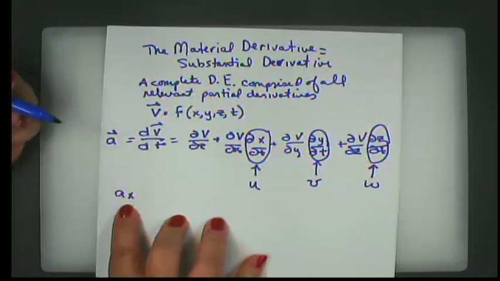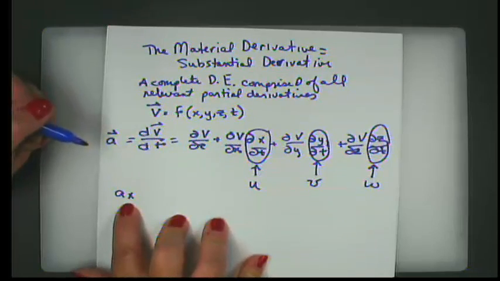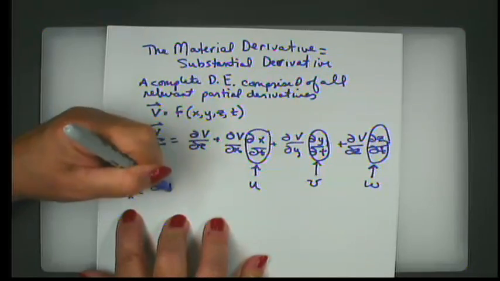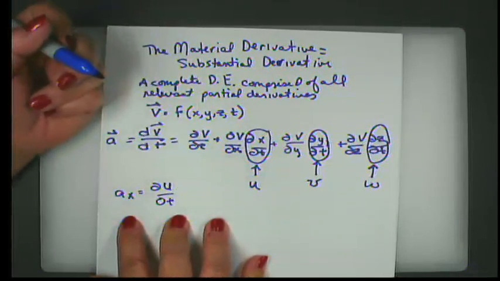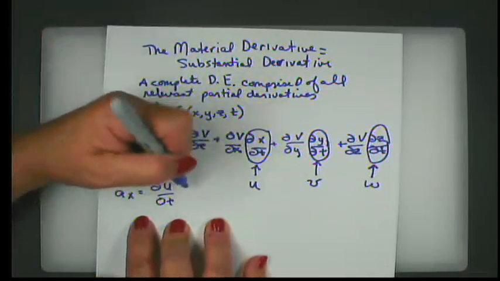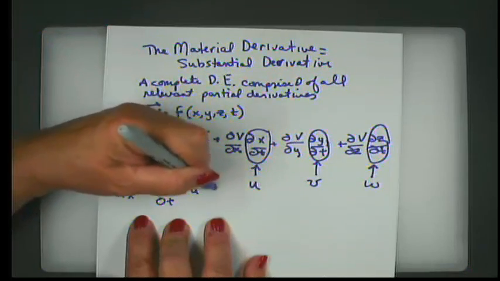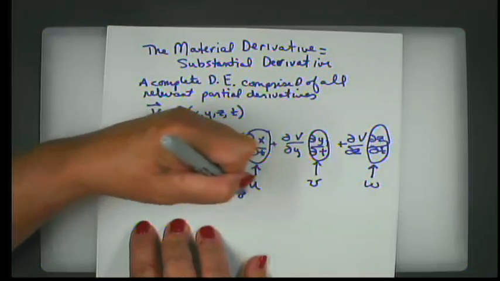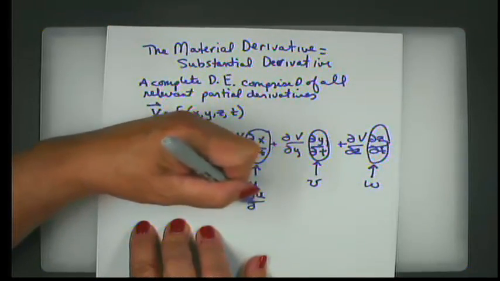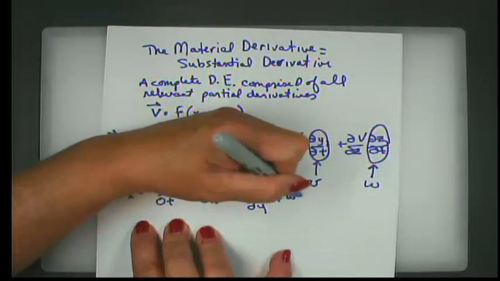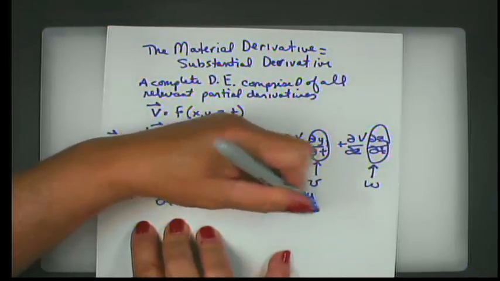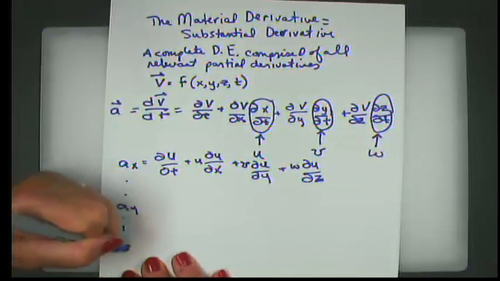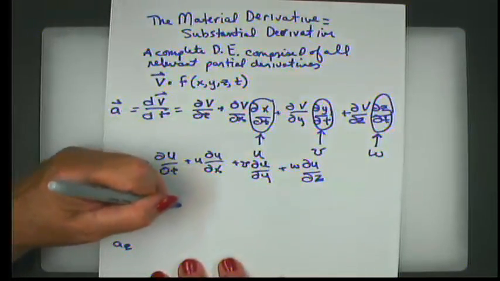So in other words, we're not talking about a vector, but we're talking about the acceleration in the x direction, or the component in the x direction, as being del u del t, or partial of u with respect to time, plus u times del u del x, plus v times del u del y, plus w times del u del z. And we can do similar in the y and z directions, okay?